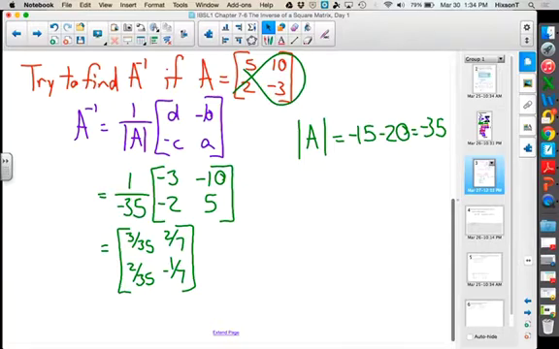Basically, the way formulas like this end up being developed is people do it the hard way a bunch of times, and then eventually realize that there's a pattern.